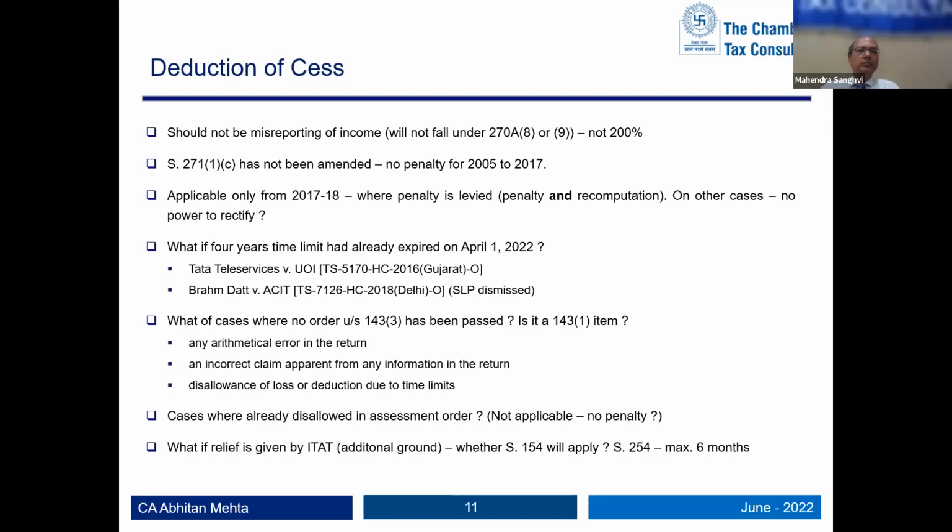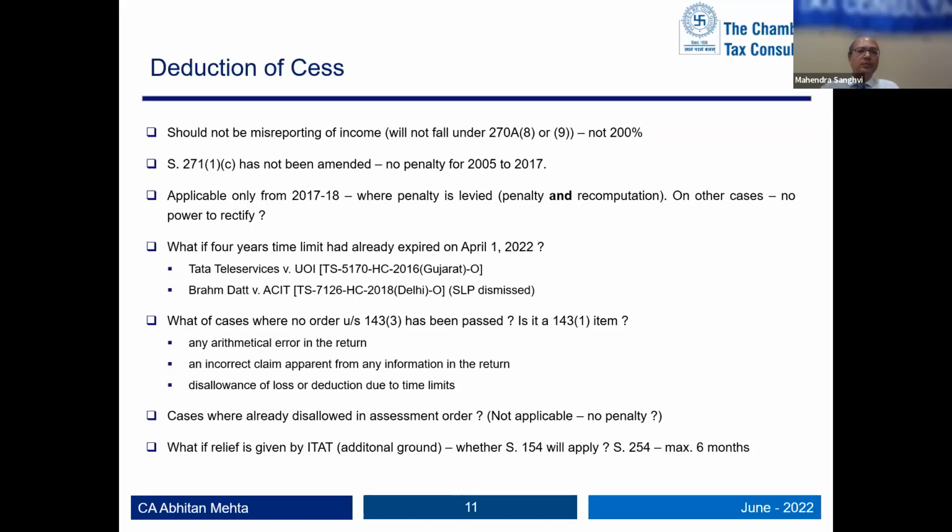So technically, again, whether for 143(1) you can file 155? Obviously, if you file, they'll accept. But there is an argument to be made that one need not file if your case was not picked up for scrutiny. So cases were already disallowed in the assessment order. Nothing to be done further. If you have not appealed, no penalty, end of story.